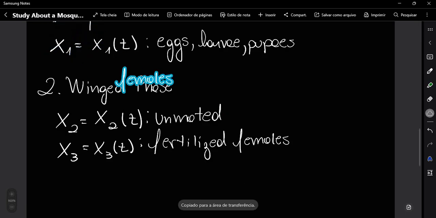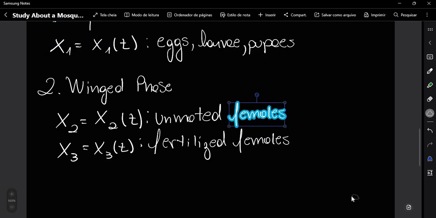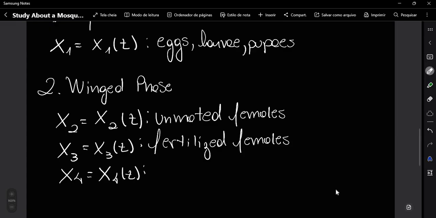Okay, and x4, equal to x4 of t, is the density of individuals of the mosquito population of males.